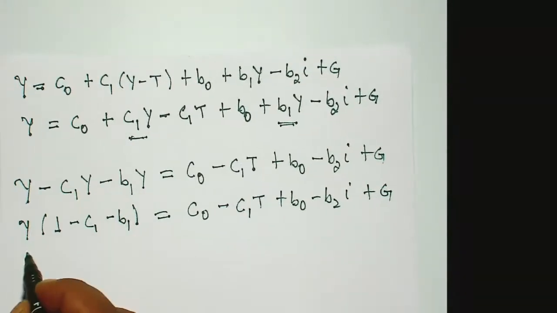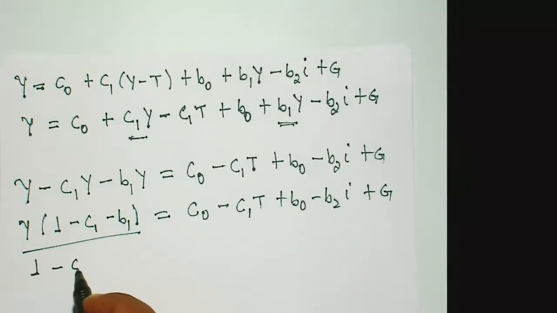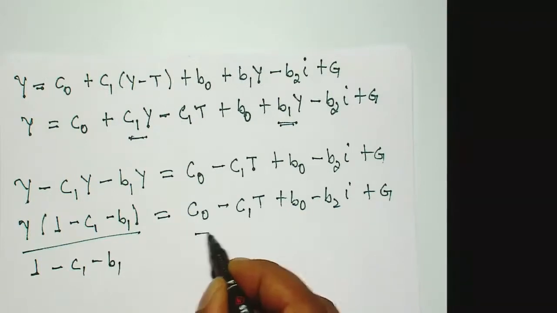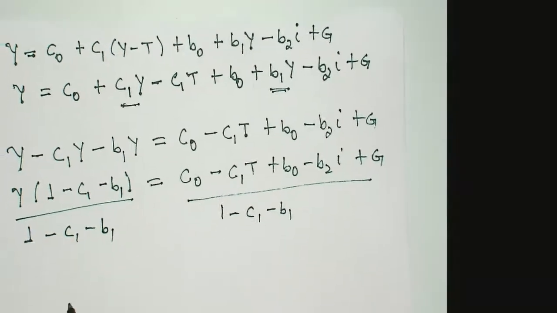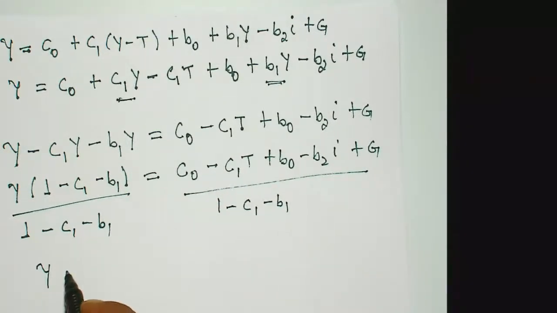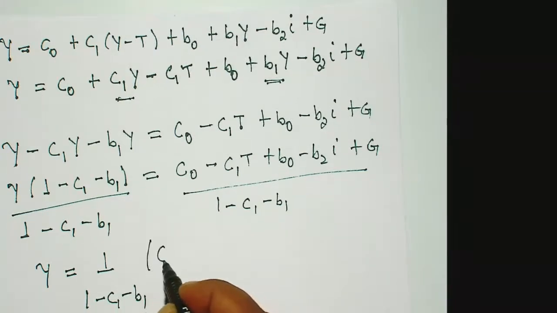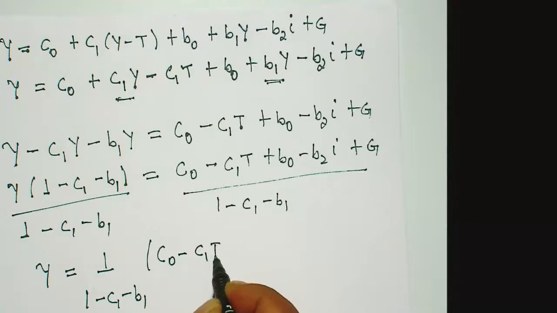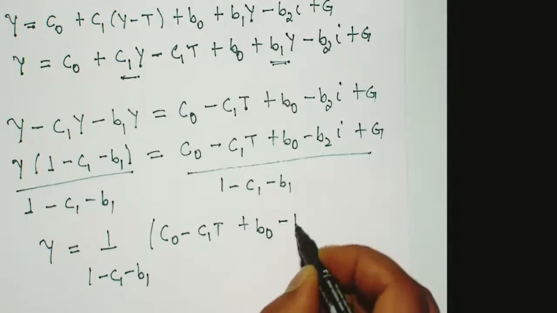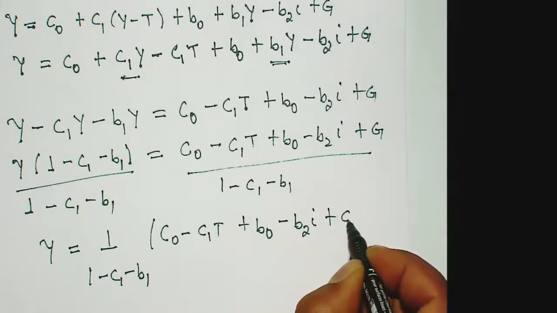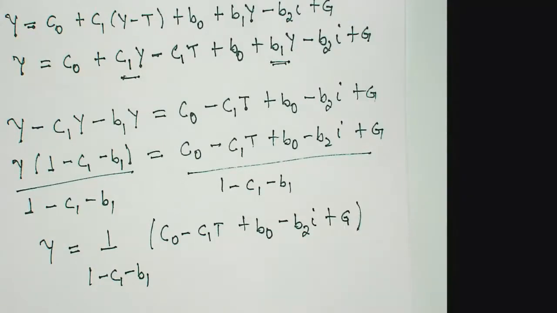I would divide both sides by 1 minus C1 minus B1, which can be simplified and written as y is equal to 1 over 1 minus C1 minus B1 multiplied by C0 minus C1t plus B0 minus B2i plus G, our government expenditure.